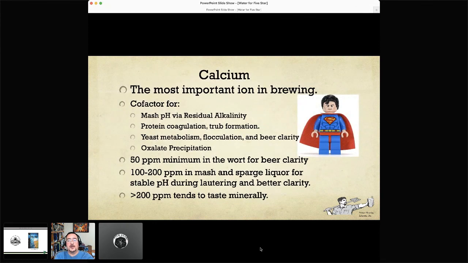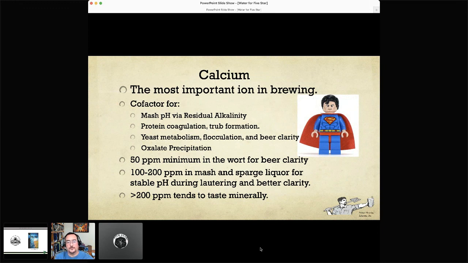Talk a little bit about the ions. Calcium, the most important ion in brewing, it's a cofactor for lowering mash pH via residual alkalinity. It is important in protein coagulation, trub formation, yeast metabolism, flocculation, and beer clarity.